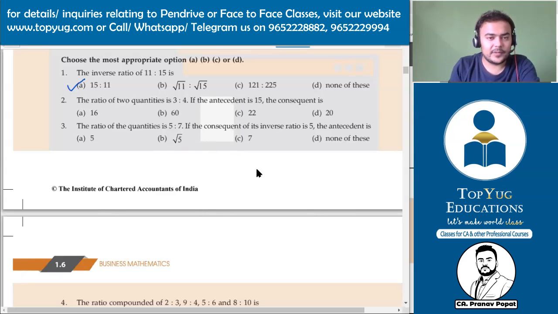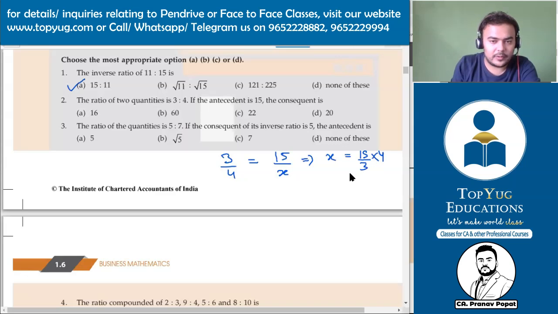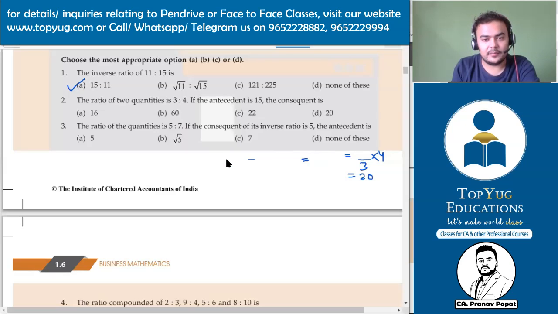So the right answer is, sir, 3/4 is equal to 15 upon something. That something is x. So I will write x is equal to 15 upon 3 into 4, which is 20. Very simple, right?